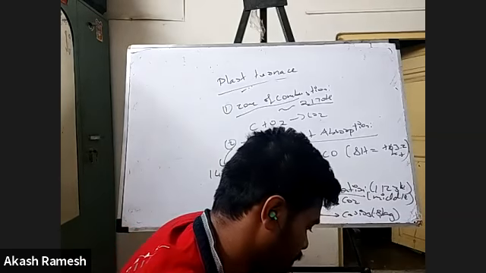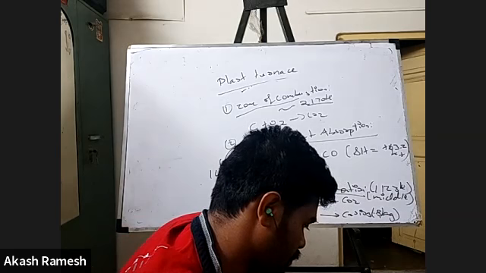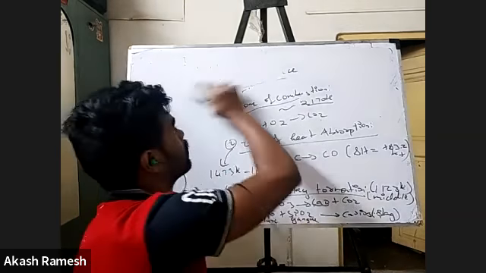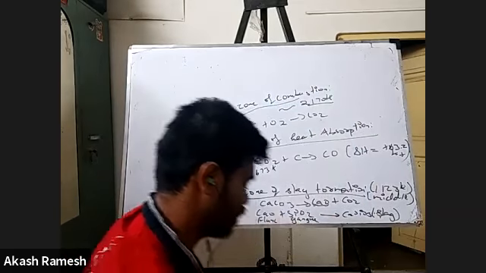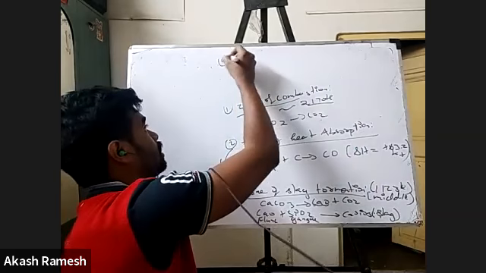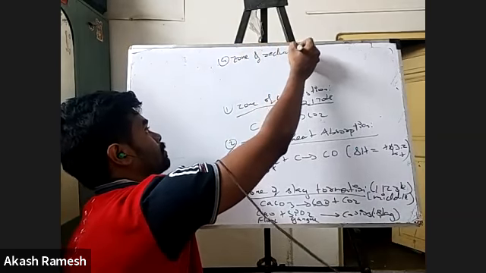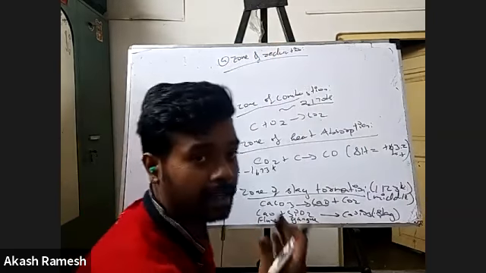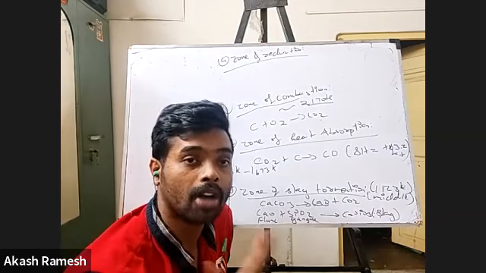Now you have the last zone, or the last but one. The fourth zone is the zone of reduction. Basically, this step is used after the oxidation process.